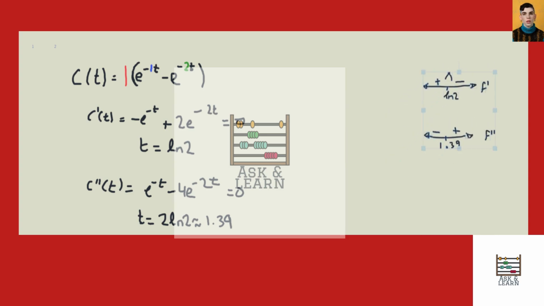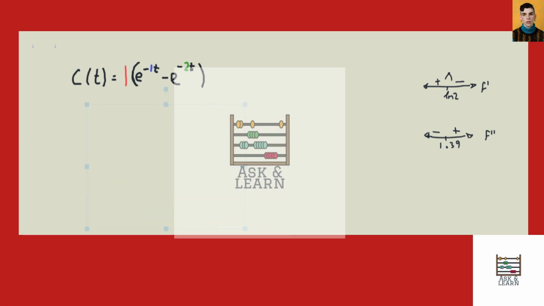But I'm going to look at one more thing, because our graph actually does have an asymptote. It has a horizontal asymptote. So let's test the limit as our variable t approaches infinity of our function, which is 1 times e to the negative 1t minus e to the negative 2t.